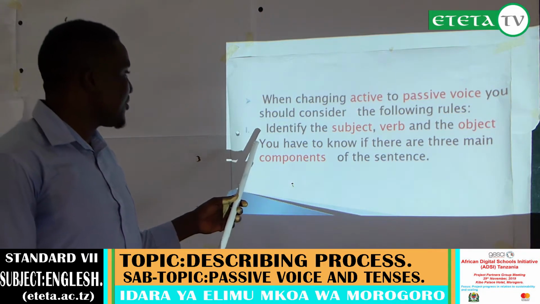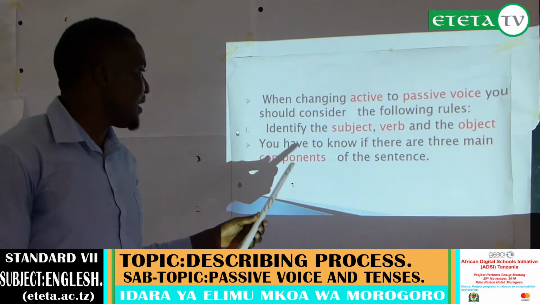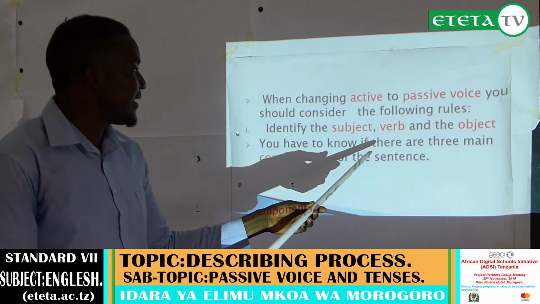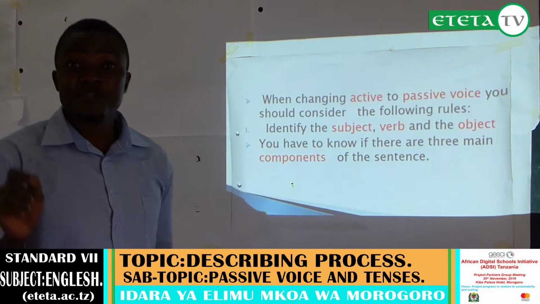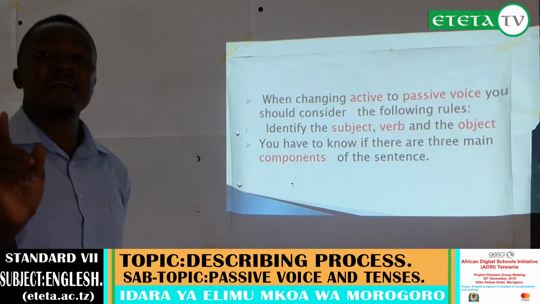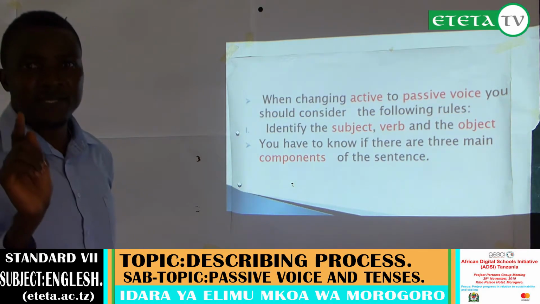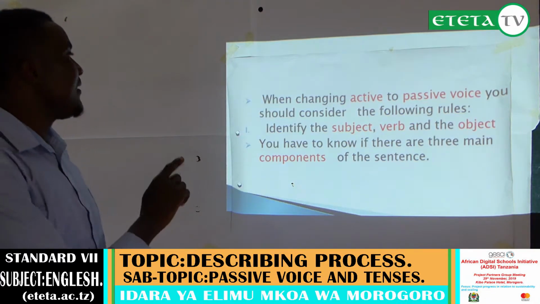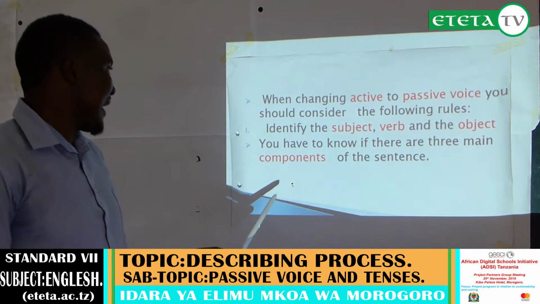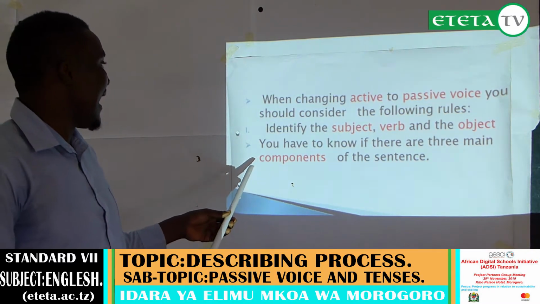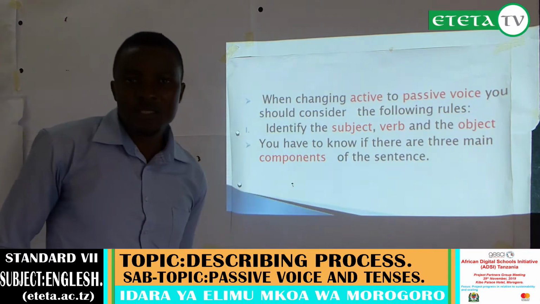The first rule, or rule number one, is to identify the subject, verb, and the object. So here you have to make sure that in your sentence there are three components of the sentence, meaning subject, verb, and object.